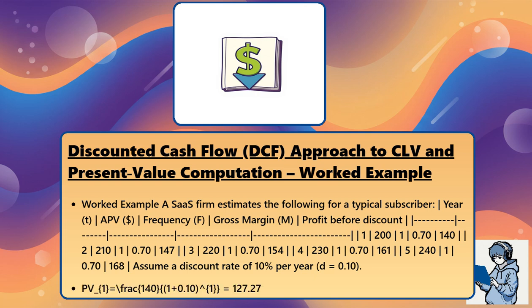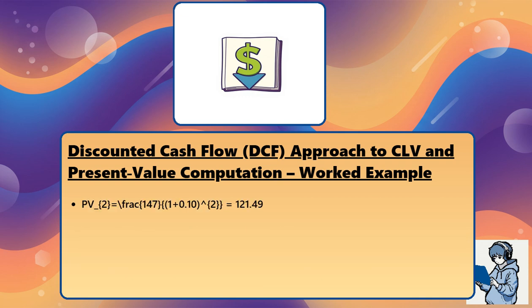PV1 equals 140 divided by 1 plus 0.1 to the 1 equals 127.27. PV2 equals 147 divided by 1 plus 0.1 to the 2 equals 121.49. PV3 equals 154 divided by 1 plus 0.1 to the 3 equals 115.9.